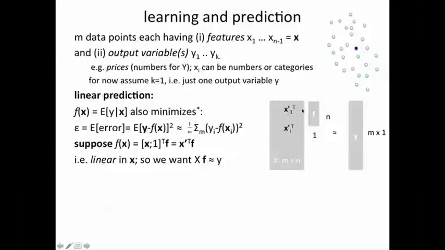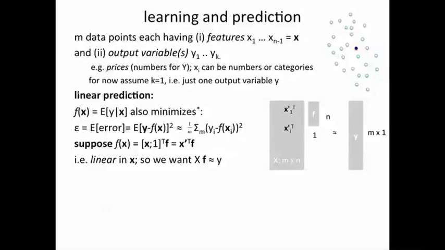Each row has n features corresponding to the n features of the data point, multiplied by f, which is one unknown vector that we're trying to find, gives me, as close as possible, the ith data point. So x1 transposed f is almost y1, xi transposed f is almost yi, and so on. We had this extra 1 there just to make sure that we don't just take the combinations of features, but we also allow for a constant factor in this linear combination.